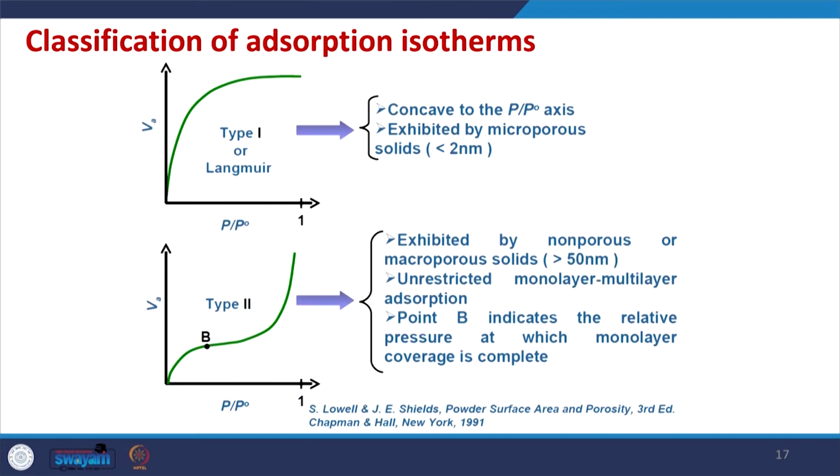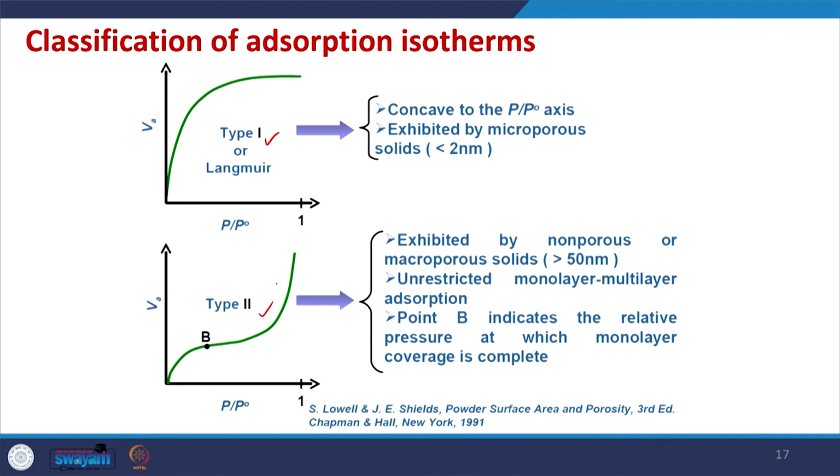Now, along with the surface area, there are different classifications of adsorption isotherms, in particular for gas phase adsorption. They have different characteristics and we can interpret a lot of data out of them.